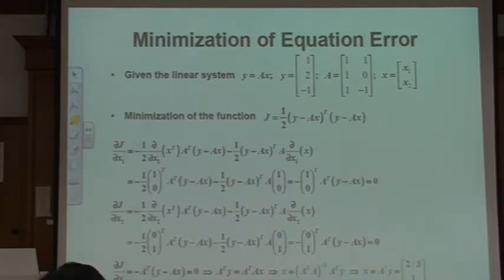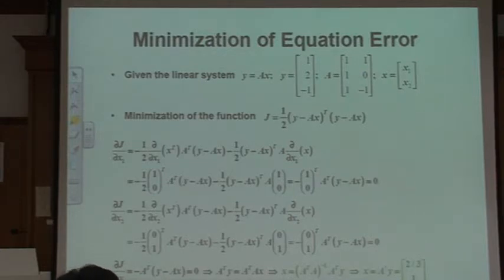Of course we can follow our old method from calculus: differentiate with respect to x and make the result equal to 0. Finally, you can find this very important result here. I think it's very simple, so I didn't go through the detail, but you can figure it out after you go home. So the final result is here.